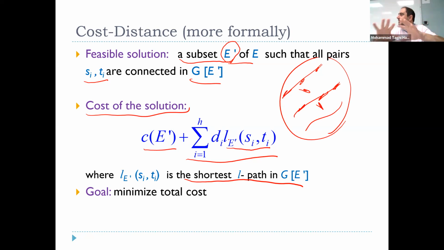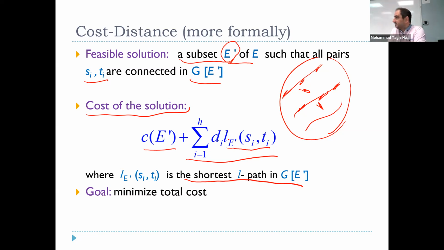If you have all these edges that you already bought, then between any of these pairs you need to pay per demand, per unit of use. You will find the shortest path in this graph in terms of these L values, and you will route them, because now you know D_i times that would be the cost that you need to pay.